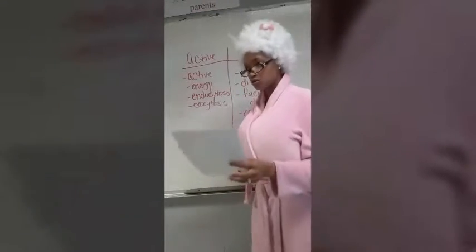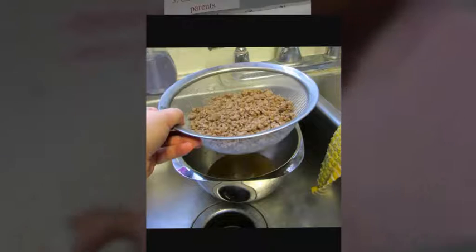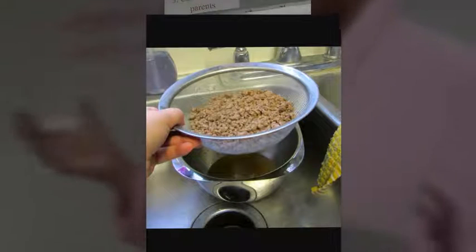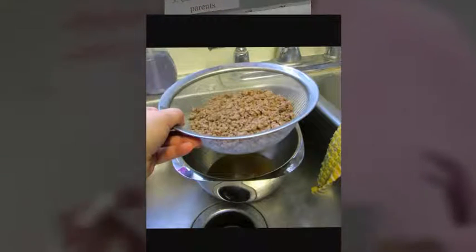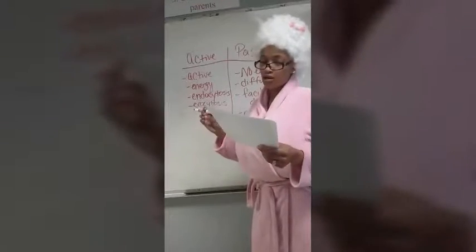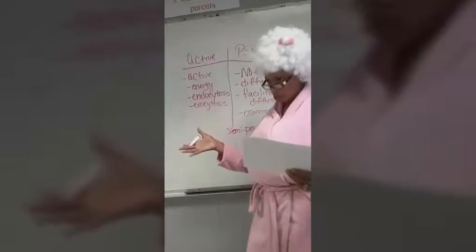When you drain the grease in a strainer, what are some things that are allowed to come through the strainer? The grease, okay? But what is too big to pass through the strainer? The ground meat, right? All right. So when you think of a semi-permeable membrane, think of a strainer, all right?